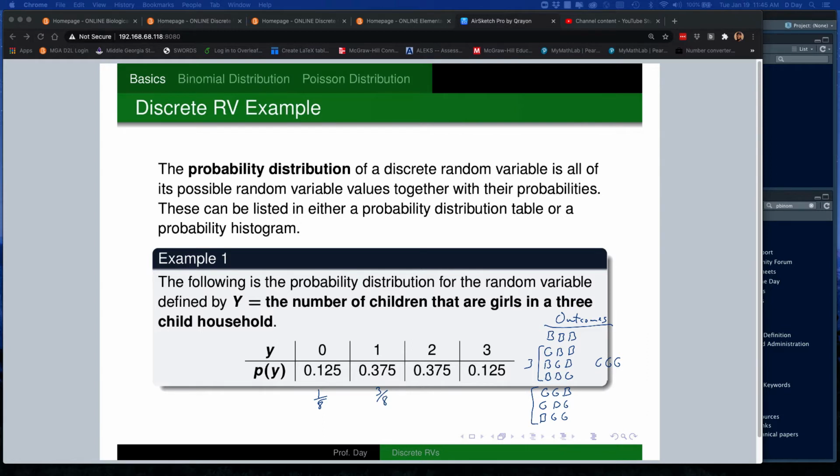So you can see where I'm going now. There's 3 instances here where I have 2 girls and 1 boy, 3 out of 8. And then finally, only one where I have all girls, 1 out of 8, and that's equivalent to 0.125. So that's where those numbers come from. We'll find out later that this actually fits our binomial distribution as well.